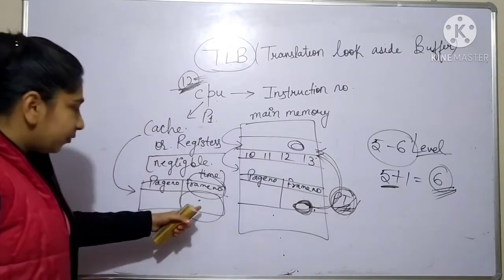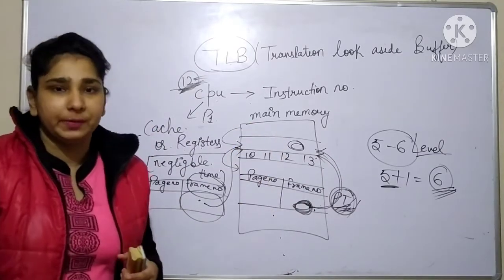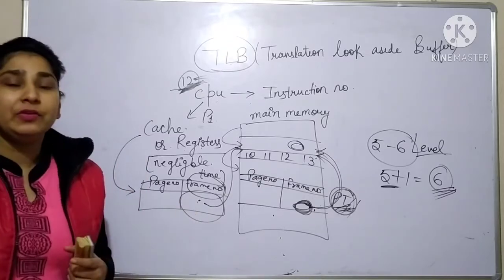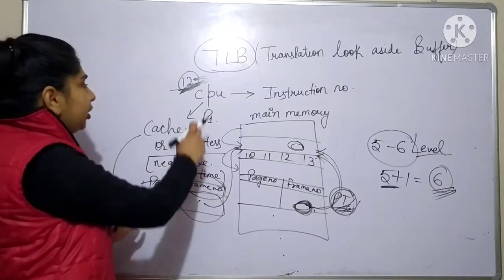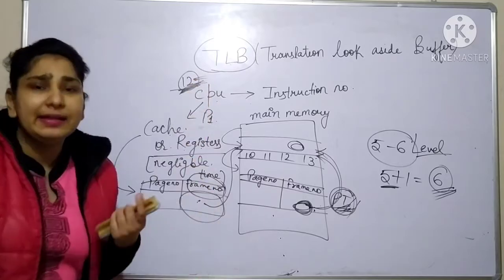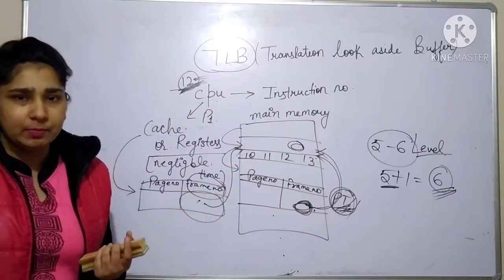And from here you directly go to that instruction number. Okay, so this way we can reduce a lot of time. If you know that your CPU is requesting the 12th instruction again and again, you don't need to cross multiple levels of page table.